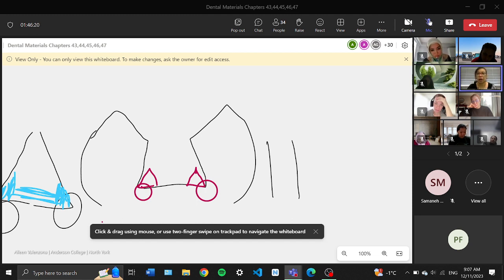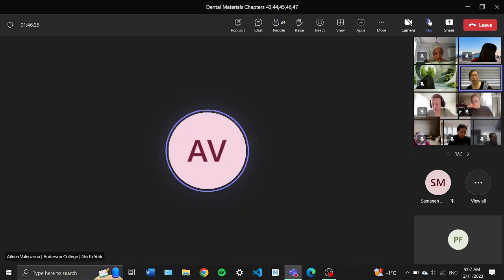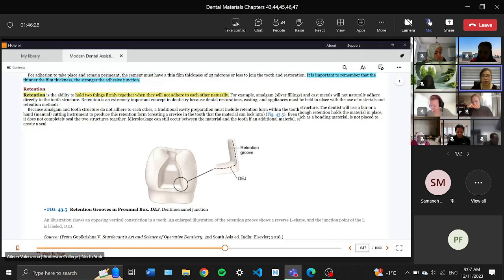So let's move to the one that we're talking about. Look at that. That is the retention groove. The dentist will use a burr or hand manual cutting instrument to produce this retention form, creating a crevice in the tooth that the material can lock into.